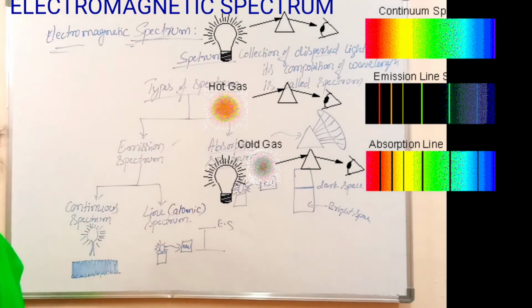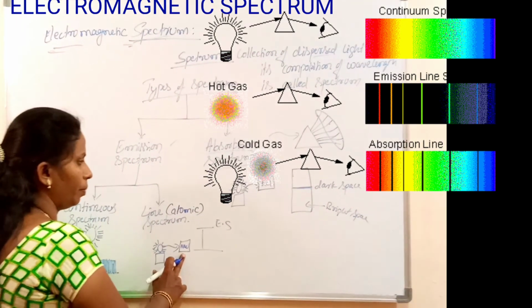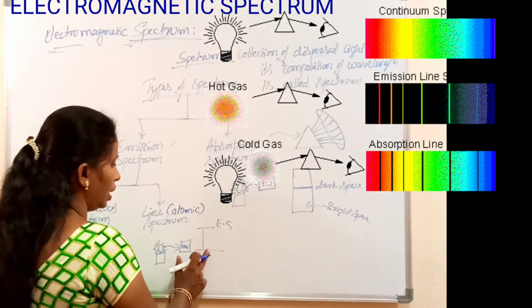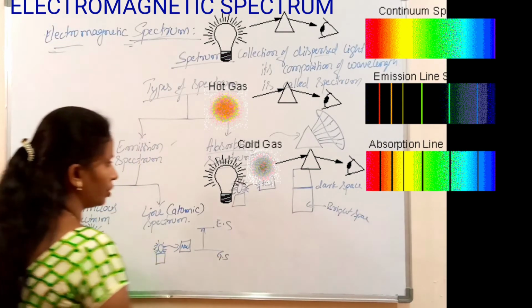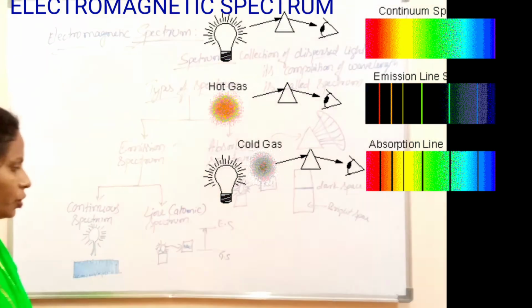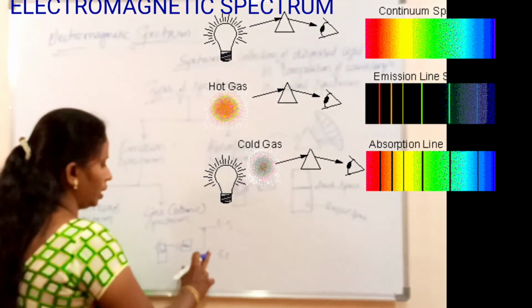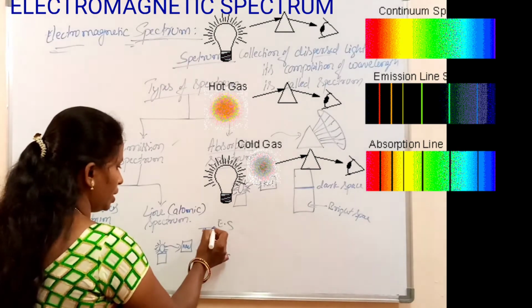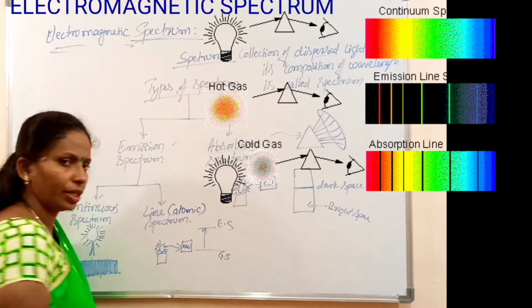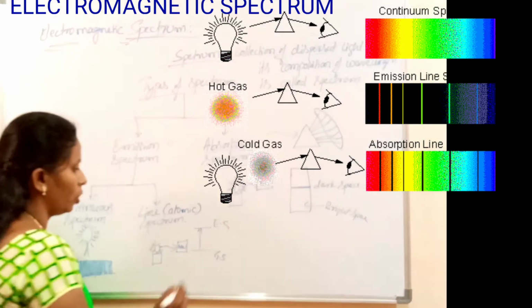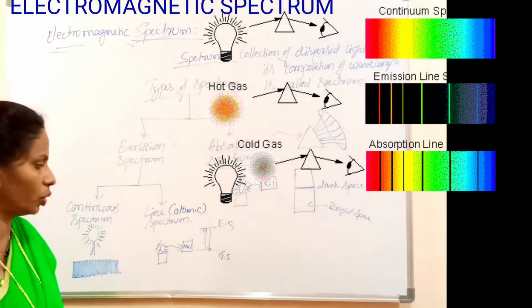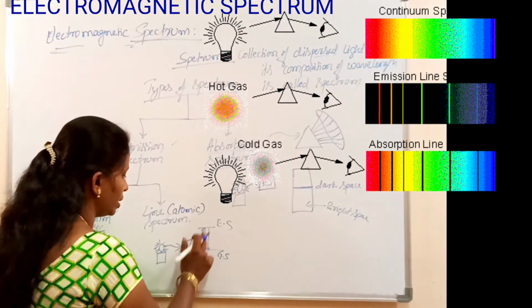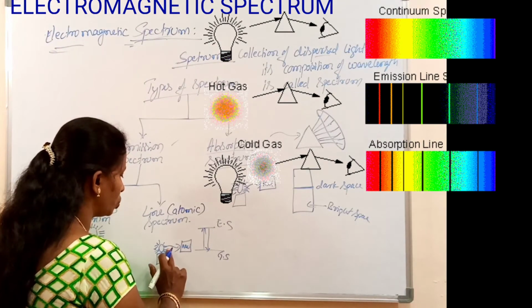After absorbing energy, the electrons in the substance get excited to higher energy. This is called ground state. The excited state is always unstable, so it will come back to the ground state.